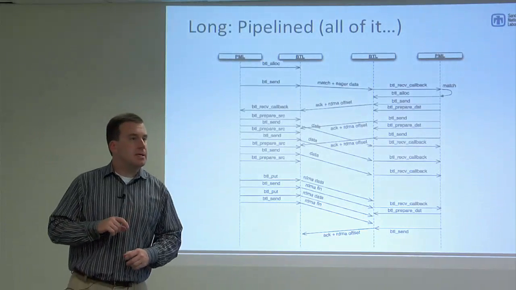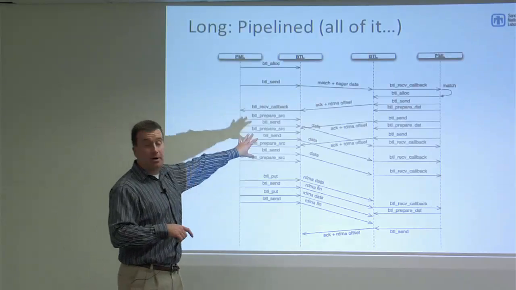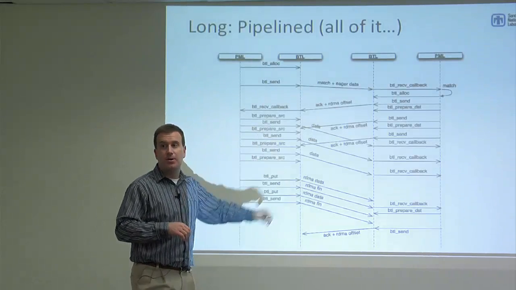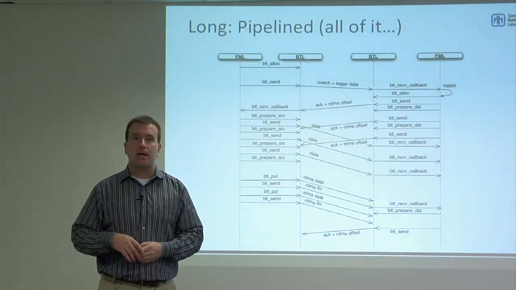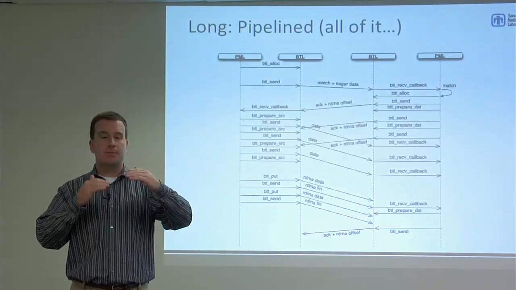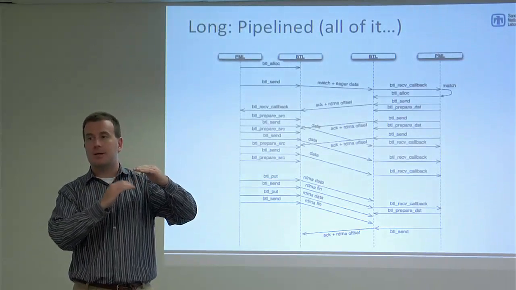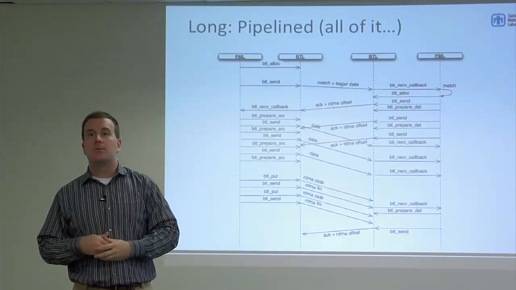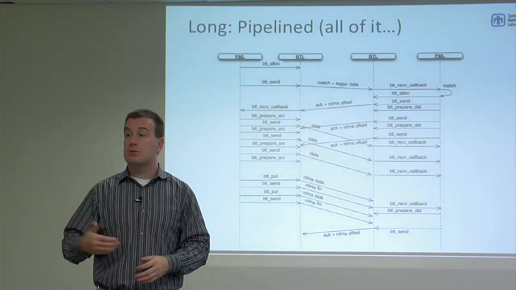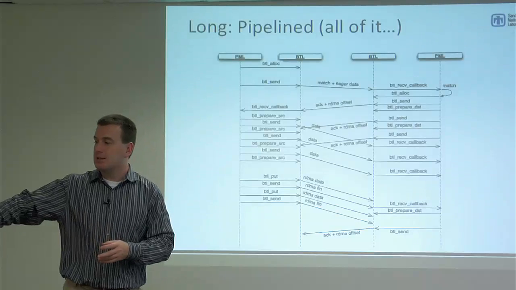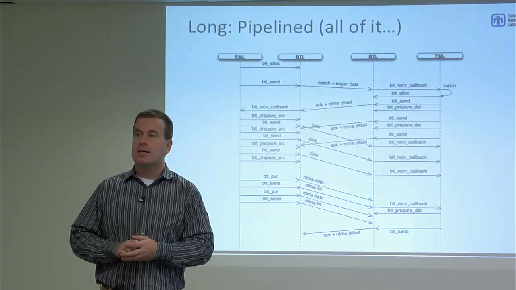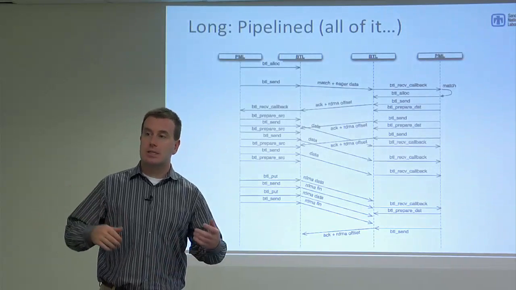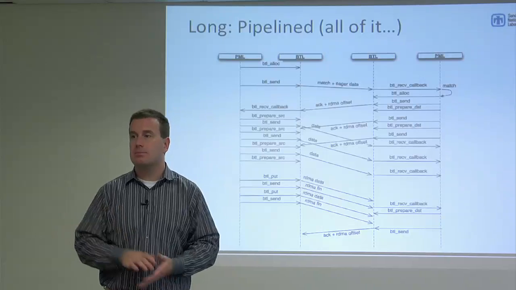However, the PML is the one that decides whether we run this heinous mess or we run the simple single put protocol. And it's the one who decides whether it calls prepare source on just the little chunk for the pipeline or the whole big memory. And the way it does that is it looks in the registration cache. It peeks in the little registration cache on the side and says, hey, is this registered yet? And depending on whether the answer is yes or no, it chooses either the single put or the pipeline protocol.